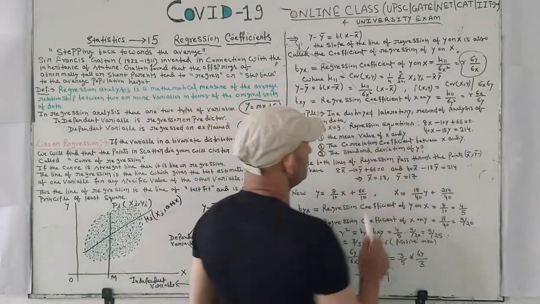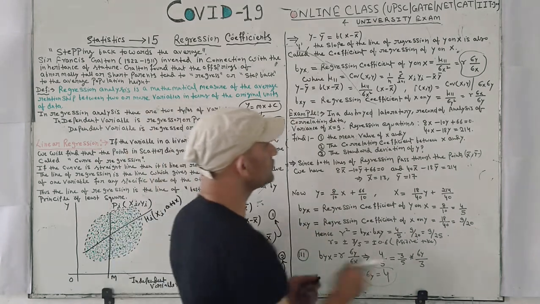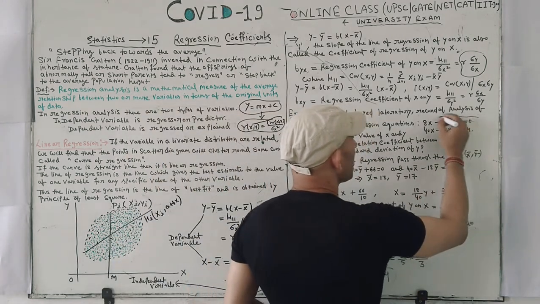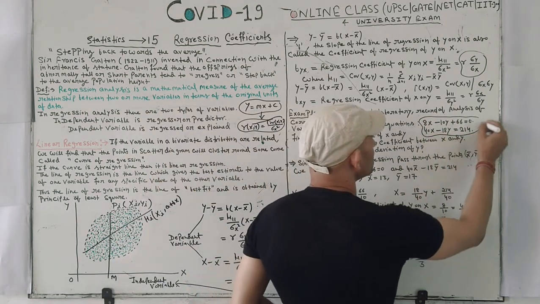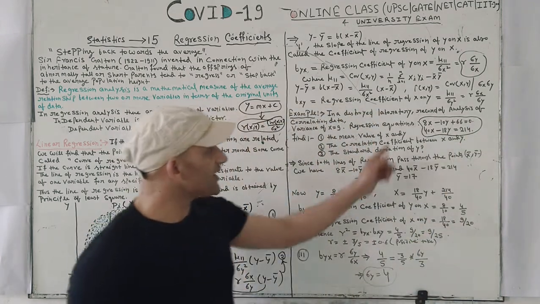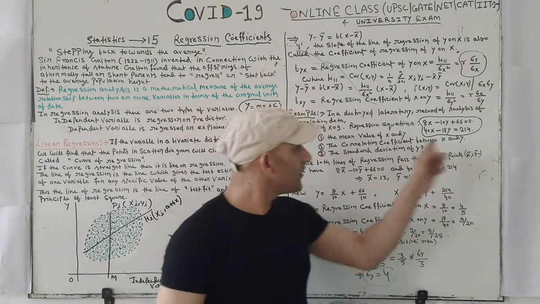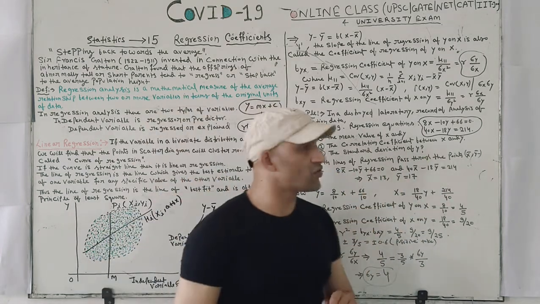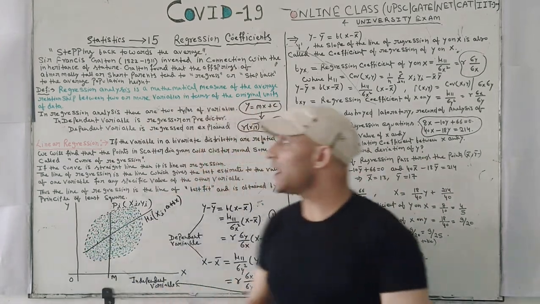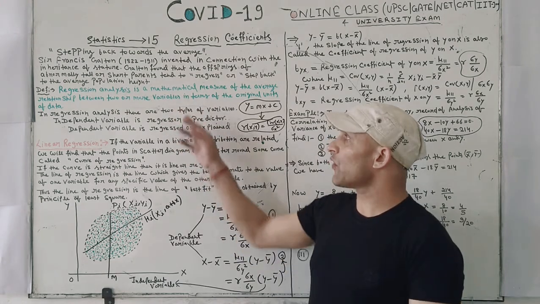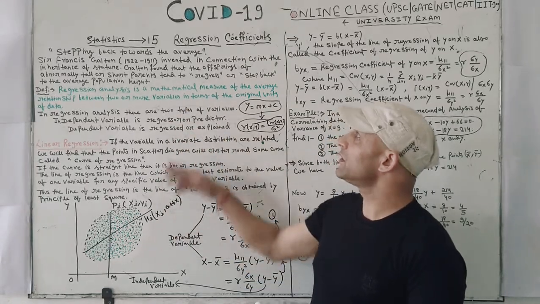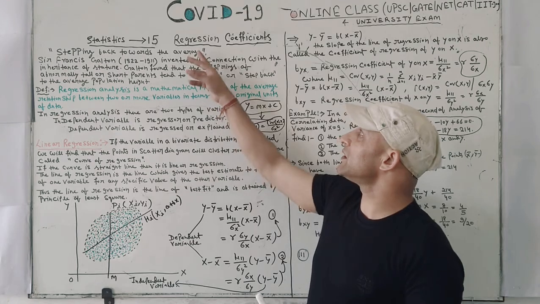Now he has given you two lines. The first line is 8x minus 10y plus 66 is equal to 0, and the second line is 40x minus 18y is equal to 214.